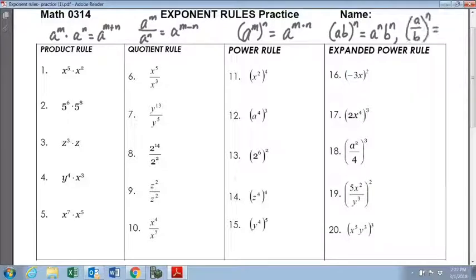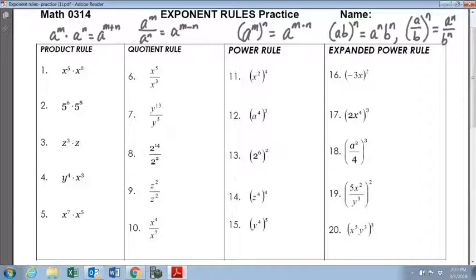If you have a fraction, a over b to some power, then you can apply that power to the numerator and denominator separately. So it's another one of our expanded power rules. Again, I would encourage you to try to do 1 through 20 and then watch the video. Do as many as you can.